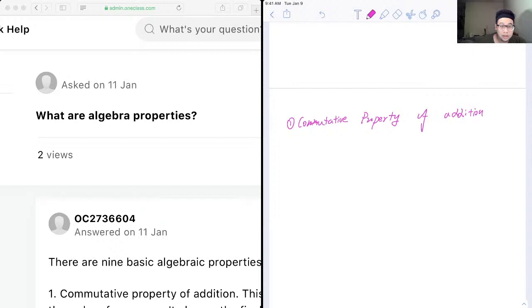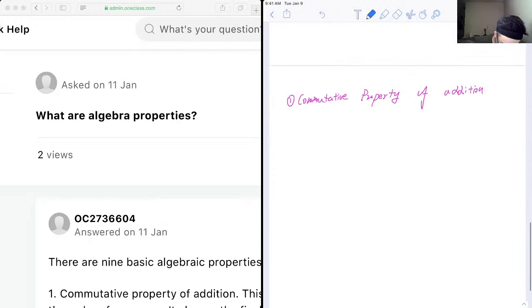This property states that rearranging the order of a sum won't change the final answer. In other words, x plus y will be equal to y plus x. An example could be 5 plus 3 is equal to 3 plus 5.